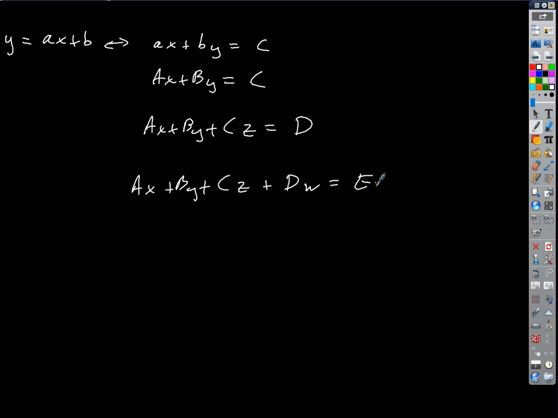That's a 3D object embedded in a four-dimensional space. And so on and so forth. They're all linear, right? They're all linear because they all are to the first power and they all have just constant coefficients, right? Linear is bigger than what you probably once thought it was.